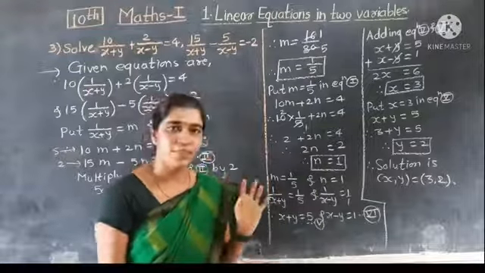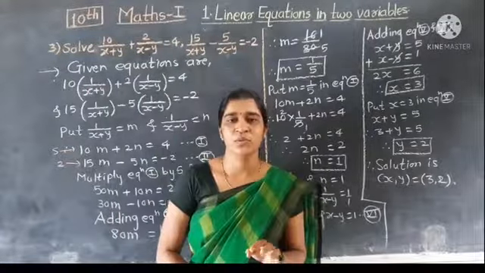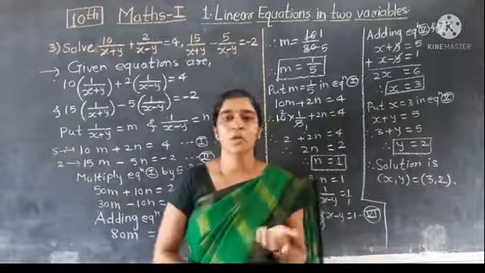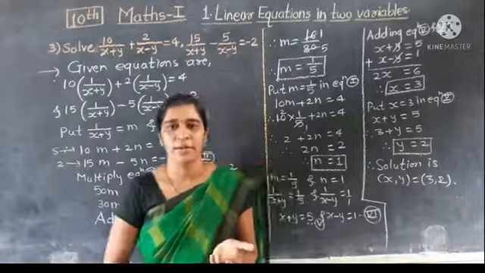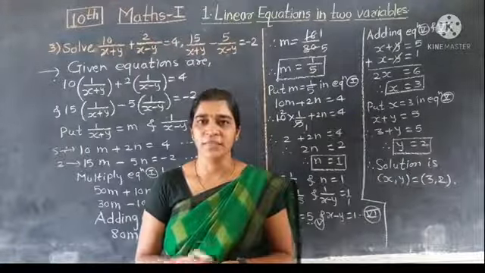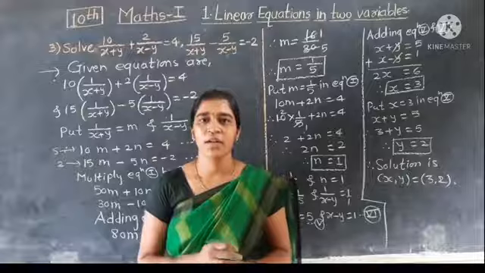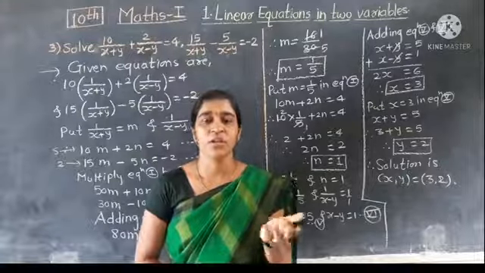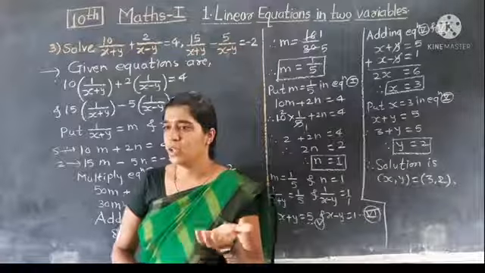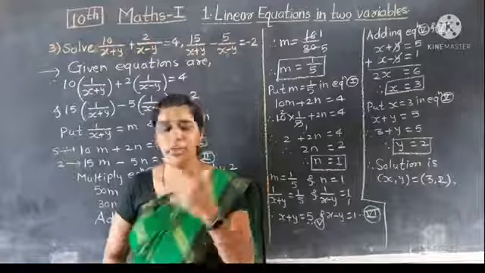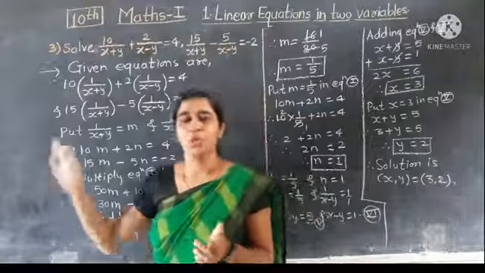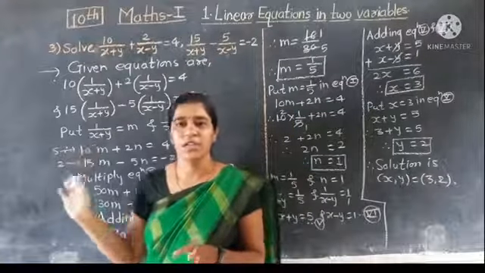Okay, understand? So in this case, you convert the given equations into linear equations in two variables. So students, in this video, we have seen which equations are reducible to linear equations in two variables, how we convert the given equations into linear equations in two variables, and then how to solve these linear equations in two variables.